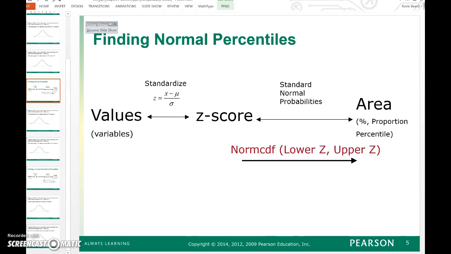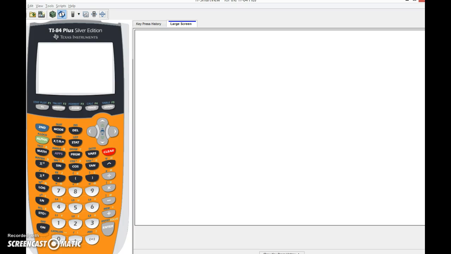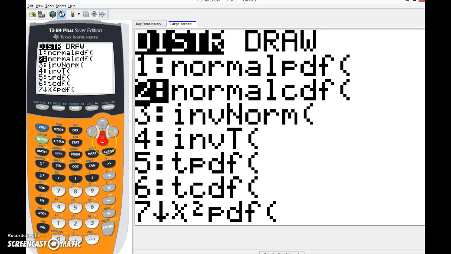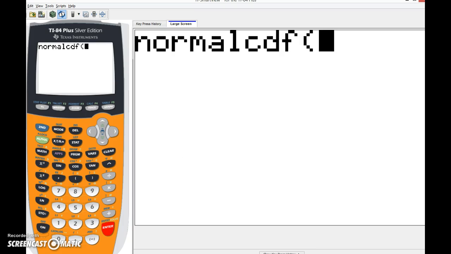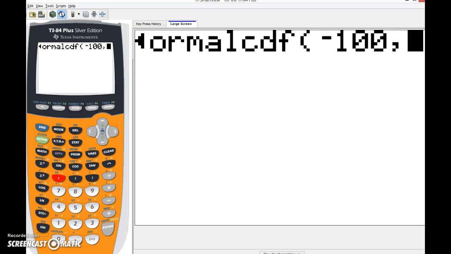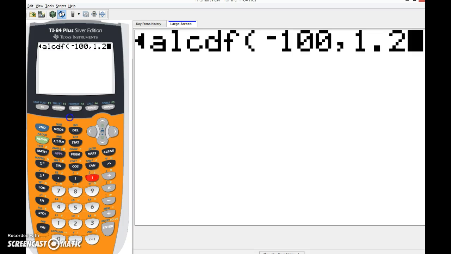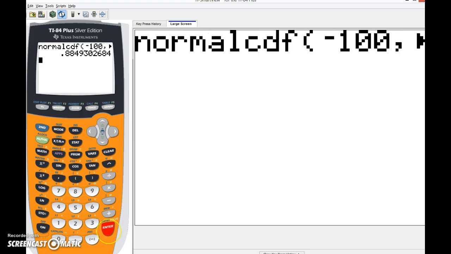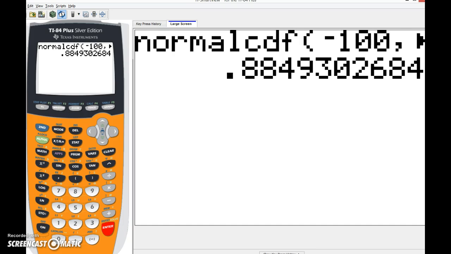So let's go over to the calculator now. Okay, I'm going to go second, distribution. I'm going to go down to my second option, norm CDF. I'm going to type in my negative 100. Then I type in my upper boundary, which is 1.2. Enter. 0.8849.